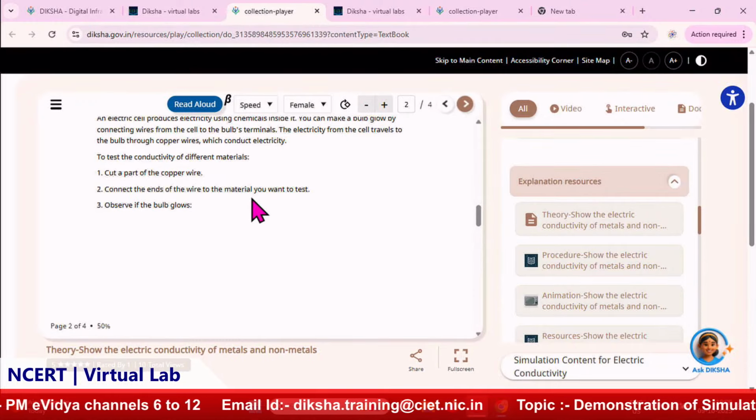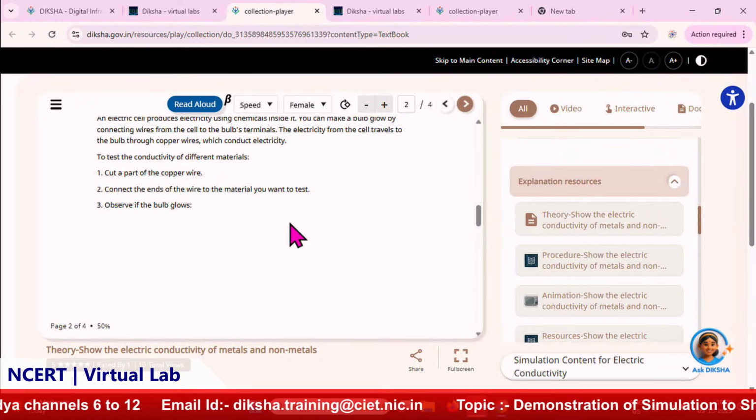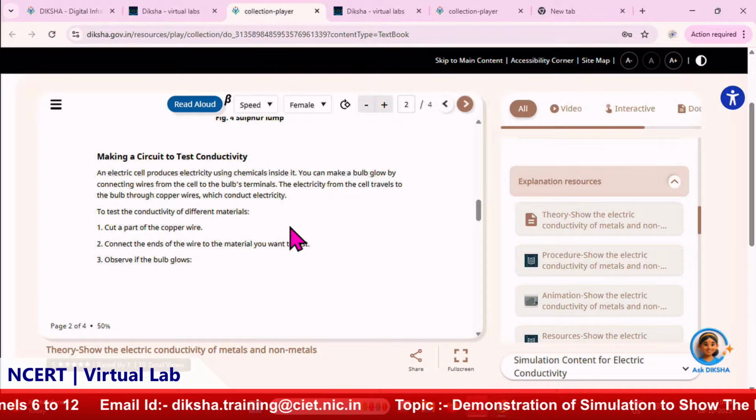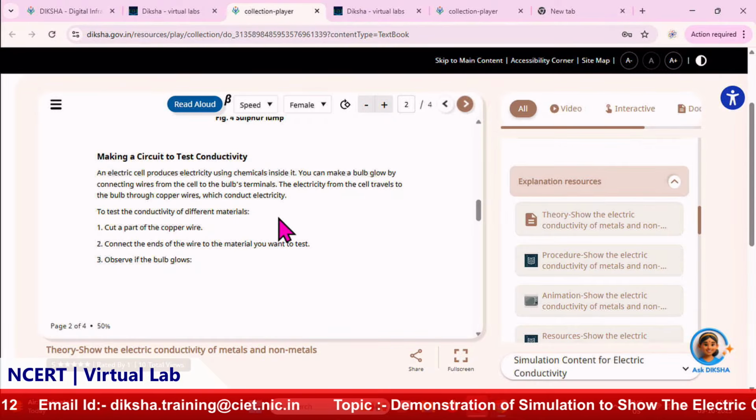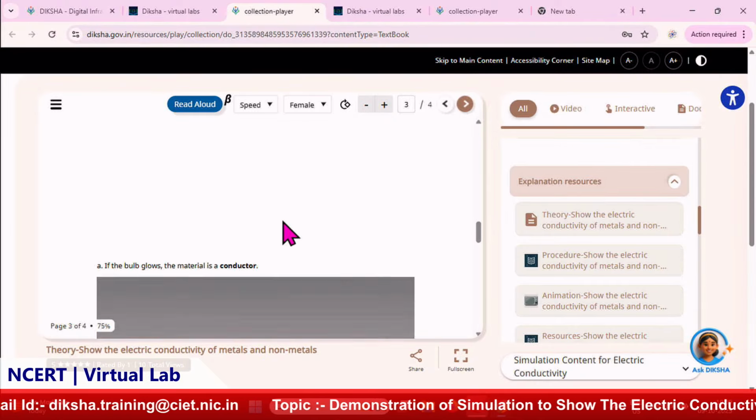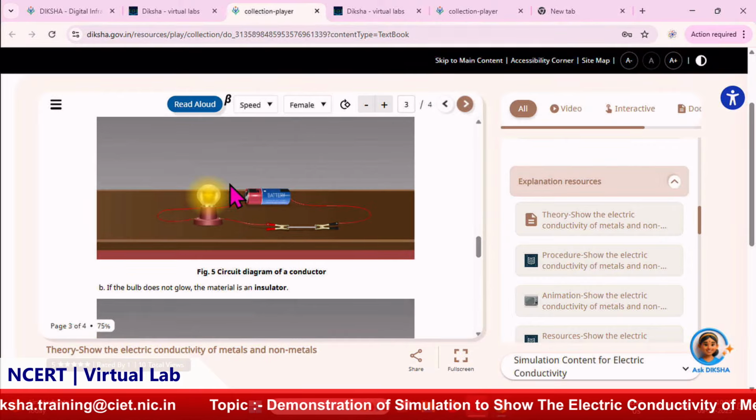So to test this electrical conductivity, we have to take the basic components of an electrical circuit, like a simple copper wire, we can take sulfur, rubber, an iron nail, then one battery, connecting wires, and one switch. So we can take these different materials and make a basic circuit like this.